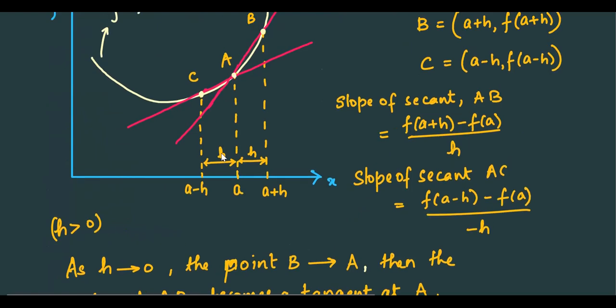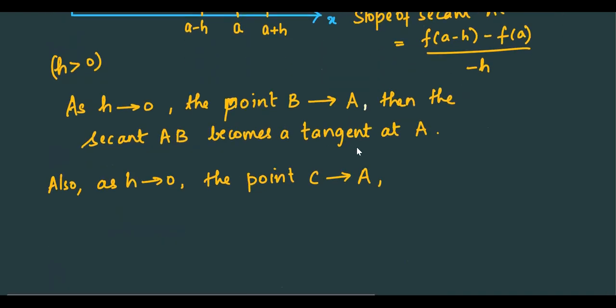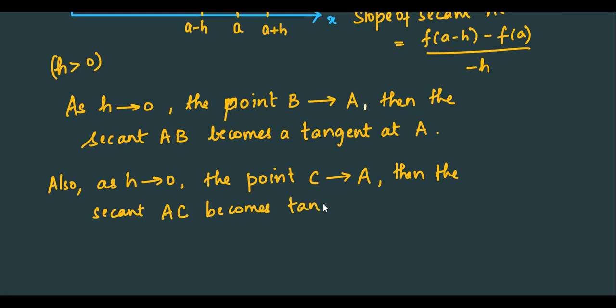As H becomes 0, A minus H comes closer to A. So this point C moves towards A. In that case, the secant AC becomes a tangent at A.